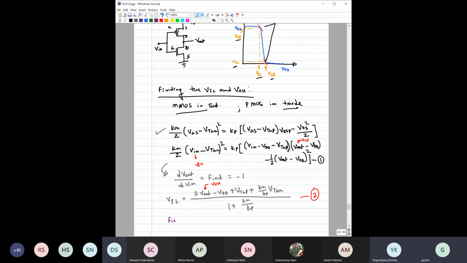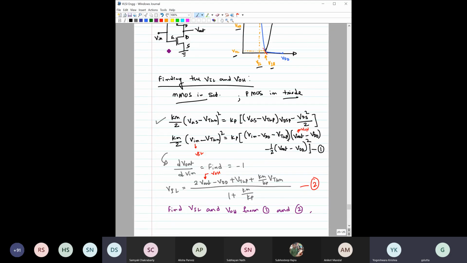Find VIL and VOH from 1 and 2. It's quite straightforward, you just have to solve it.